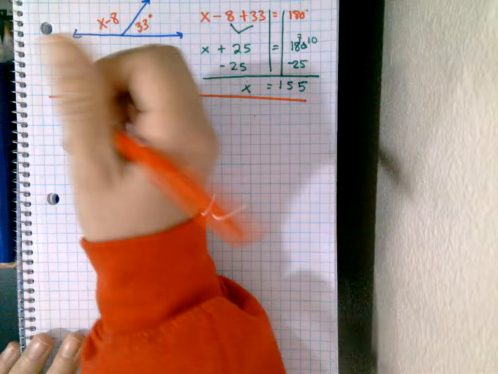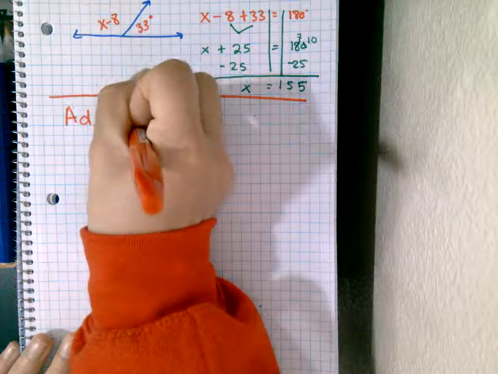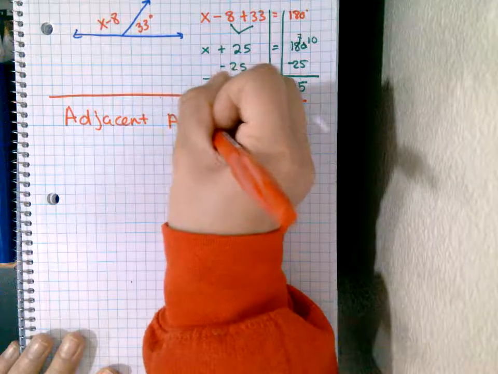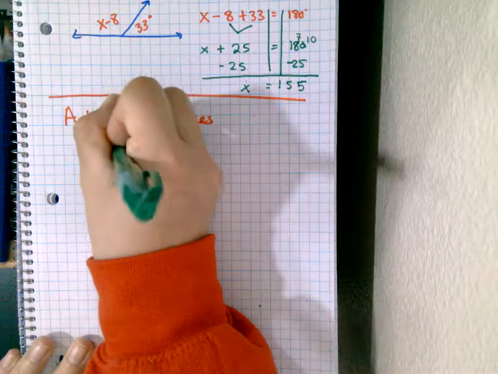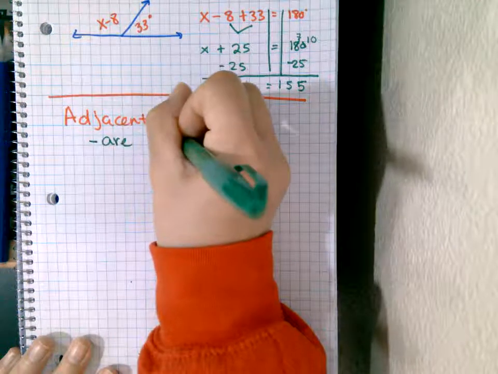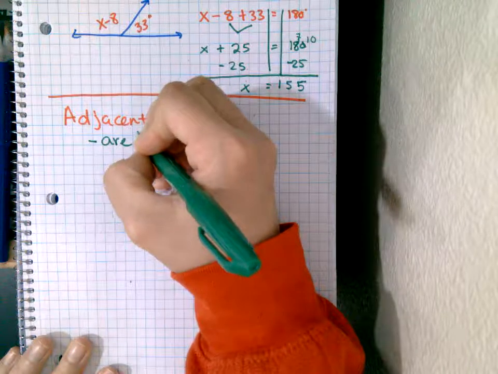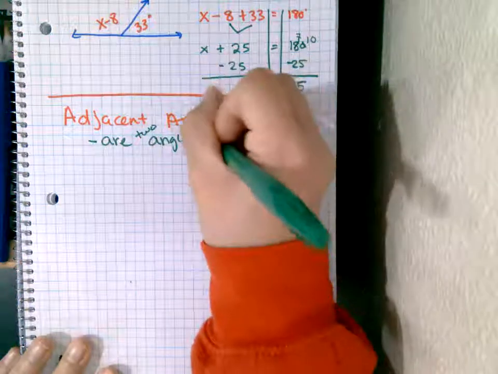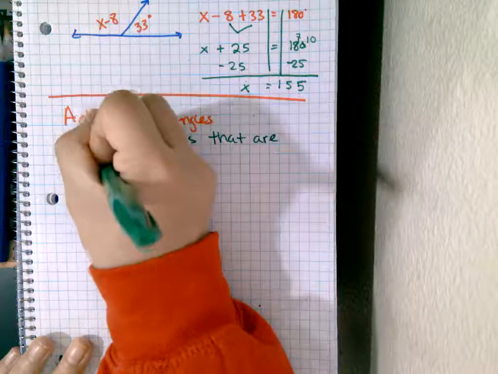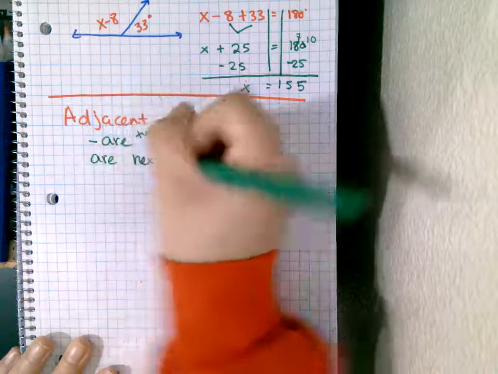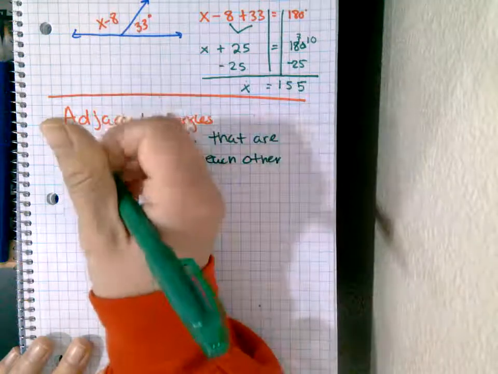Okay, so the first one I'm going to teach you is called adjacent angles. Adjacent angles are two angles that are next to each other.